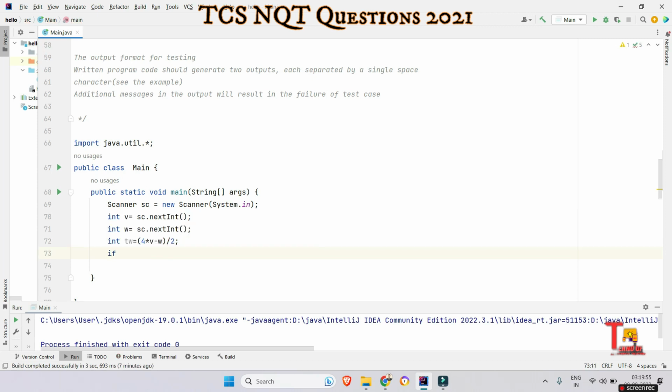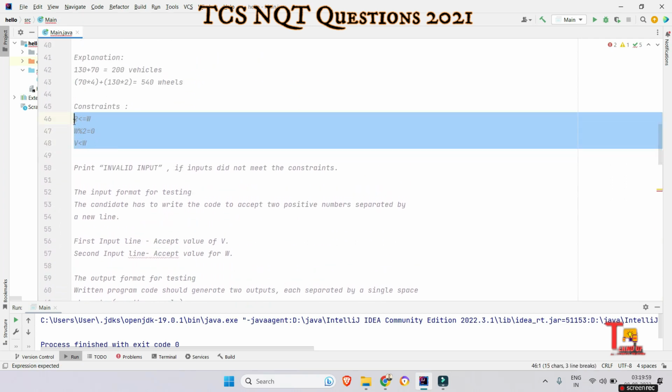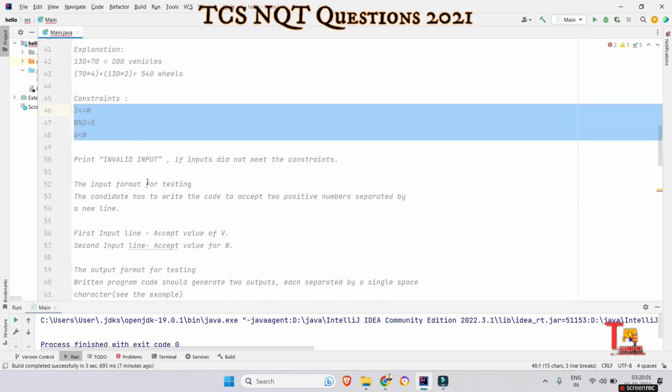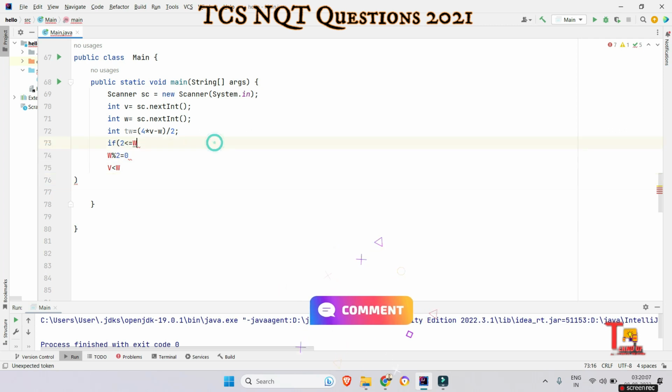And let's check the constraints. So these are the constraints, like 2 less than or equal to w, and in case of Python we could have written only 'and', right?